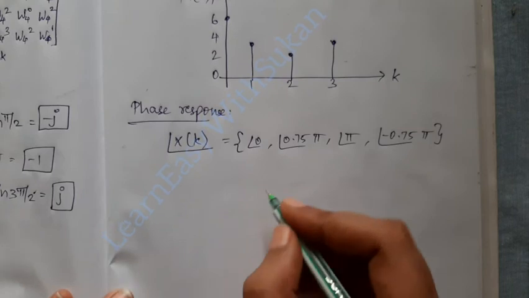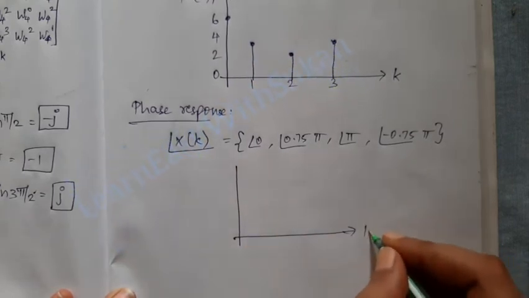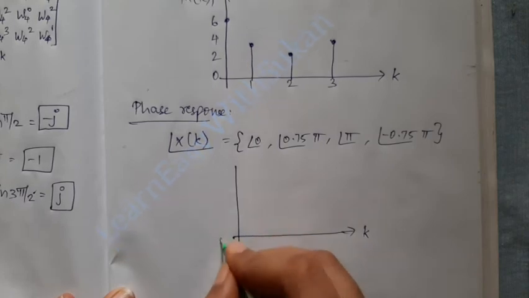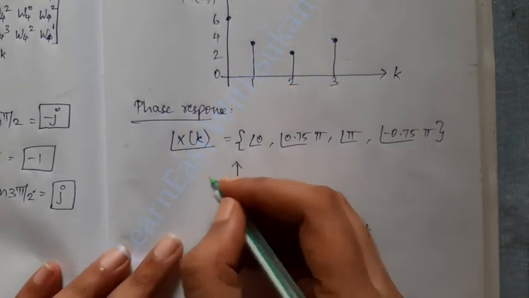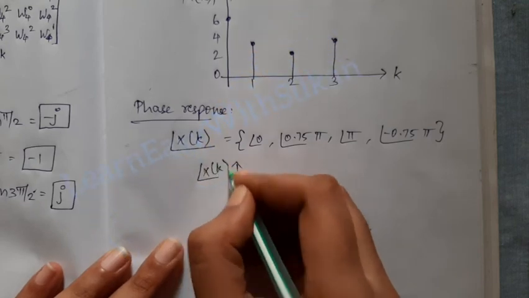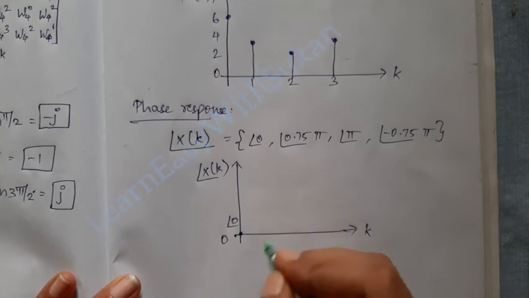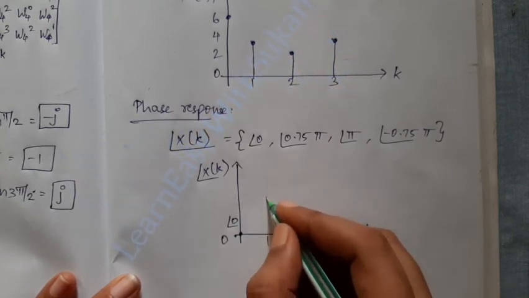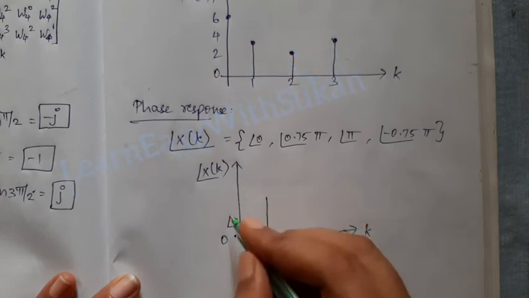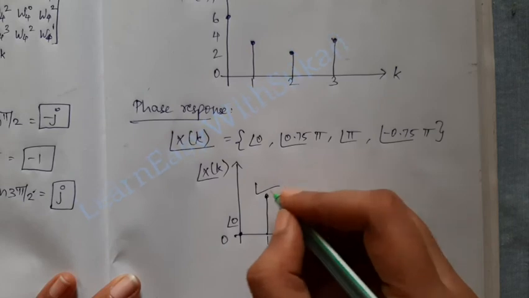Similarly, how will you get this? So this is k, 0, okay, that is angle. So what is this? Angle of x of k. So for 0 it is 0. For 1 it is 0.75. Either you can give the indications here or here also you can mention, whichever is comfortable and easy.